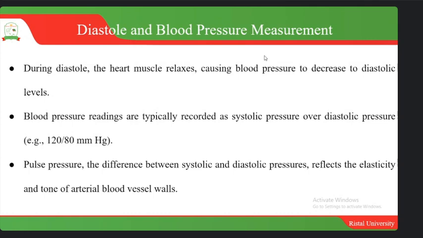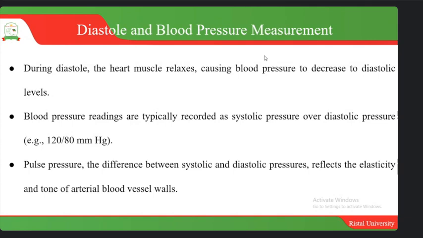So blood pressure readings are typically recorded as systolic pressure over diastolic pressure. For example, here they are showing us that the systole is 120 and the diastole is 80 millimeters of mercury, meaning this is somebody's blood pressure reading, and they have realized that the person has a systolic of 120 and a diastolic of 80.